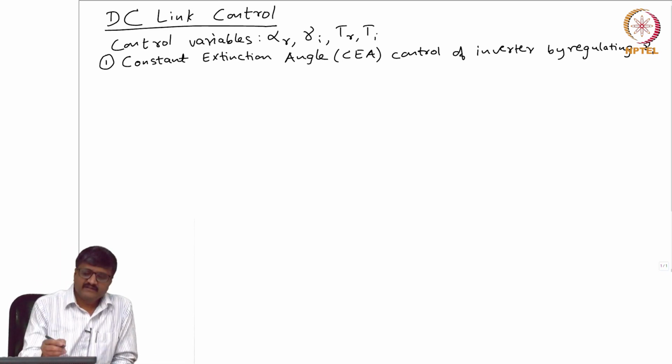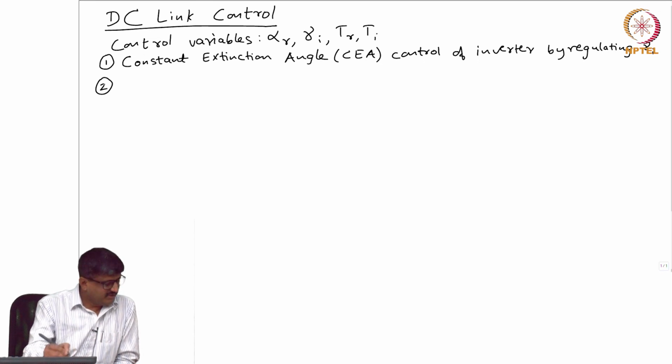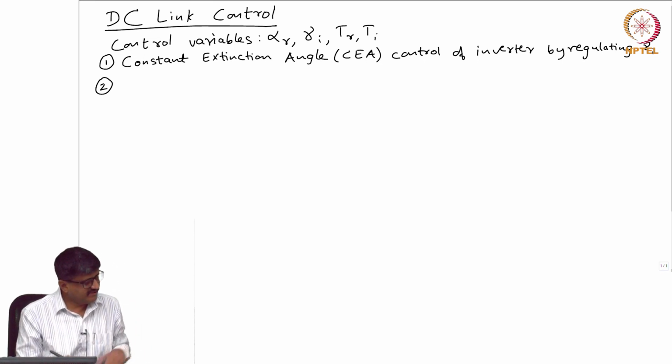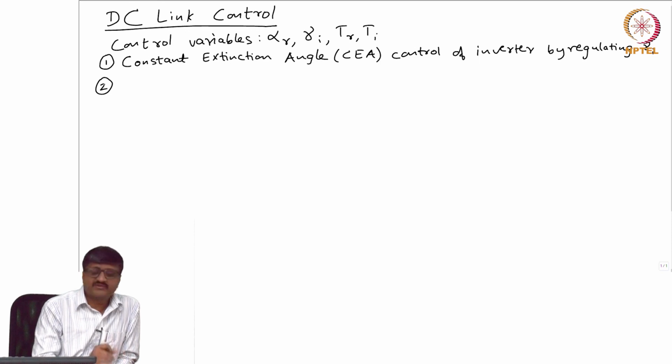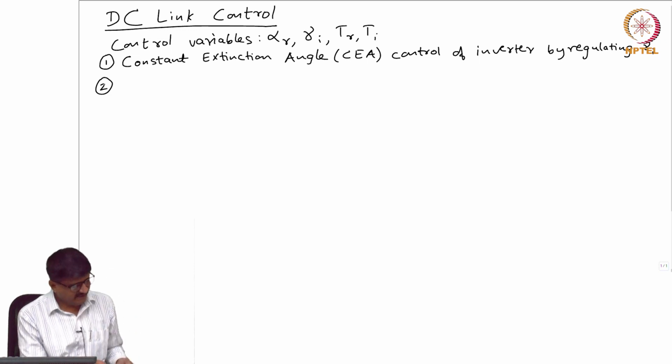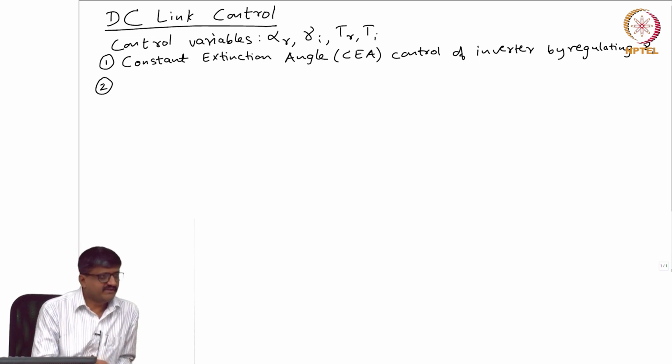Then we use constant current control, where we try to regulate current. In the last class we saw that there can be fluctuations of the current, which can damage the weak component, that is the valves.